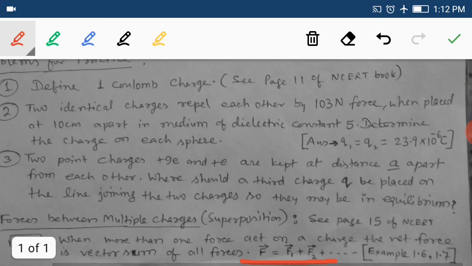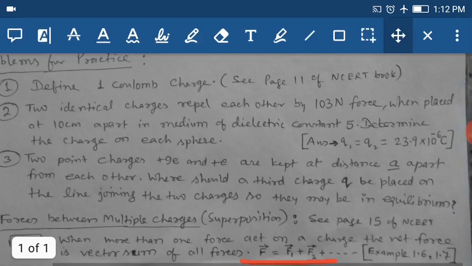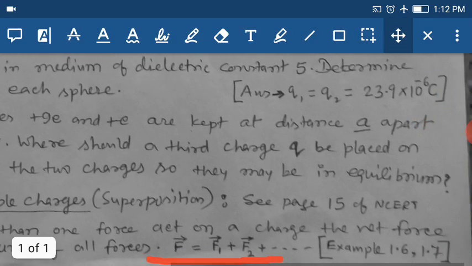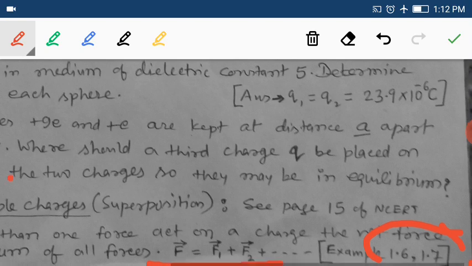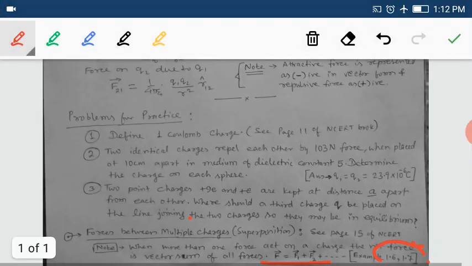बहुत अच्छे से इनको समझाया गया है एनसीईआरटी में. इनको थोड़ा सा प्लीज़ आप देख लीजिएगा. एग्जाम्पल नंबर यहाँ पर मैंने मेंशन किए हैं, कौन से एग्जाम्पल मेंशन किए हैं ज़रा देख लीजिए. Examples 1.6 and 1.7 of the NCERT book will help you to understand the principle of superposition or the force between multiple charges.